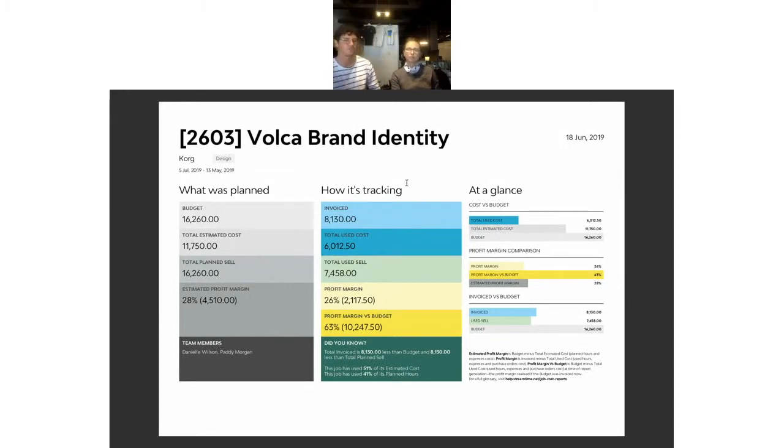Now looking at how a job's tracking, these are quite self-explanatory. So what's been invoiced so far? That includes all the draft invoices, awaiting payment invoices, and paid. In this instance, knowing that the budget was generated from a quote, the invoiced amount here looks like 50% of this budget.